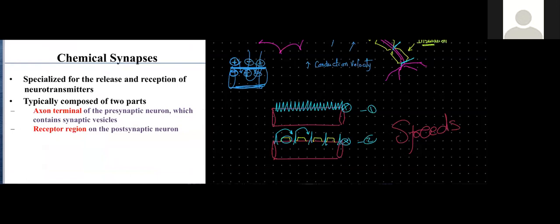So moving on to the chemical synapse. Chemical synapses are the connections between two nerve cells in which one nerve cell, the presynaptic neuron, is releasing chemicals, and those chemicals are called neurotransmitters.